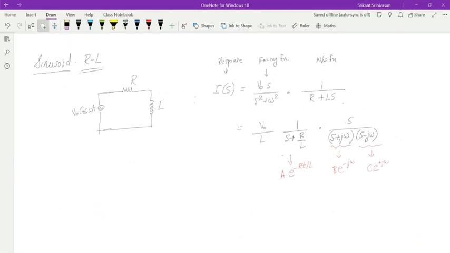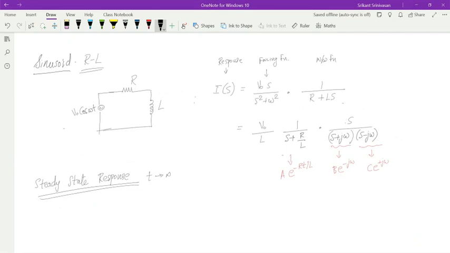Now, there is an important point to keep in mind. Supposing I'm doing the sinusoidal signal, that means the sinusoid is anyway oscillating over time, and here I have a cosine signal. So if I want to find the steady state response, steady state response means I'm sending t to infinity.